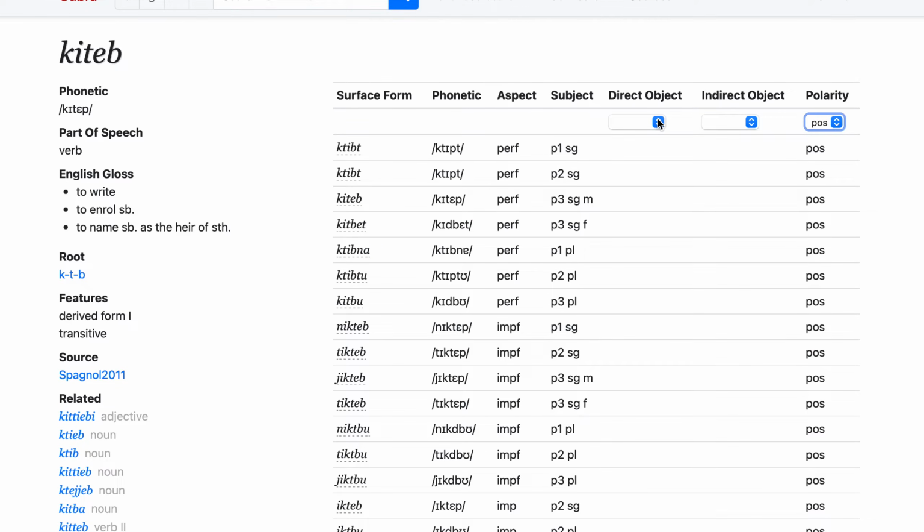Also, you could use direct objects and indirect objects. For example, here, if I would say I wrote a letter, you could say I wrote it, and then a letter is female, litra. So we're going to use the third person singular female, her, like I wrote her, I wrote the letter.